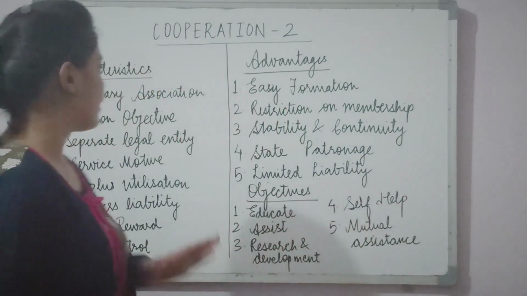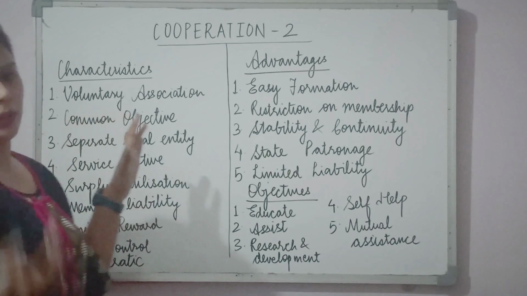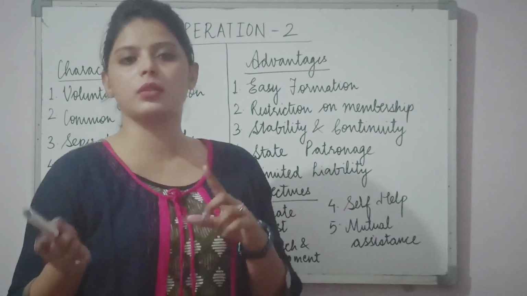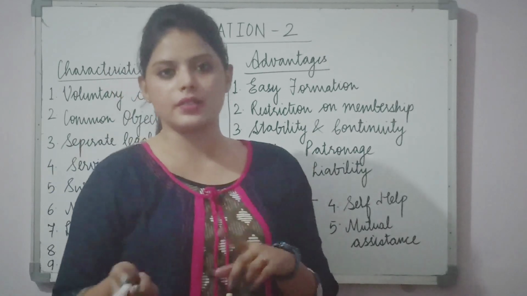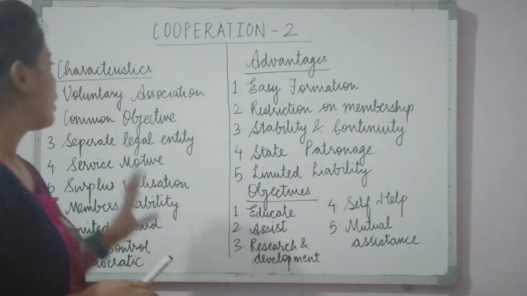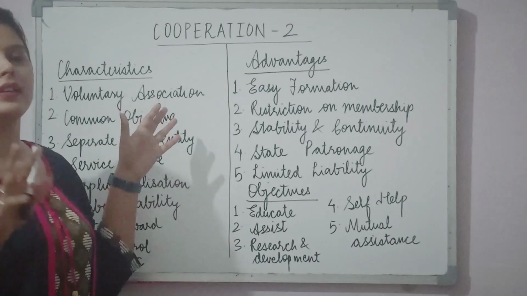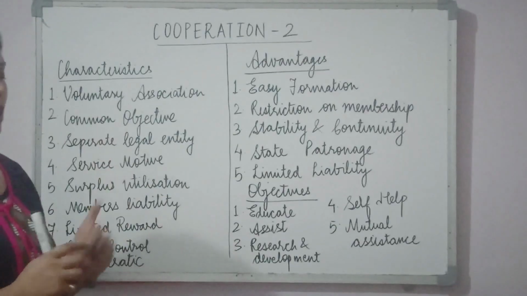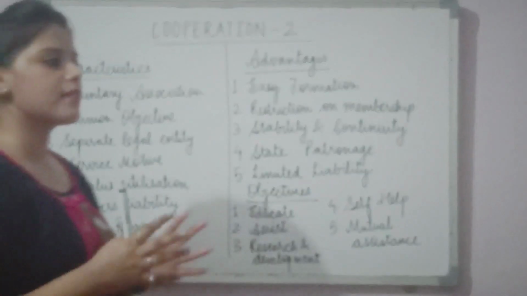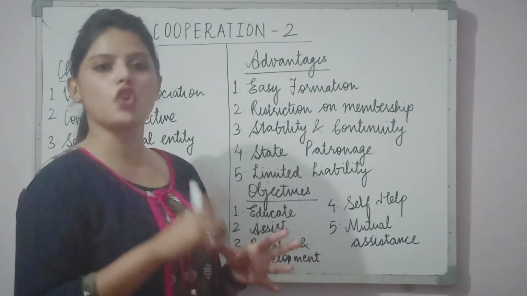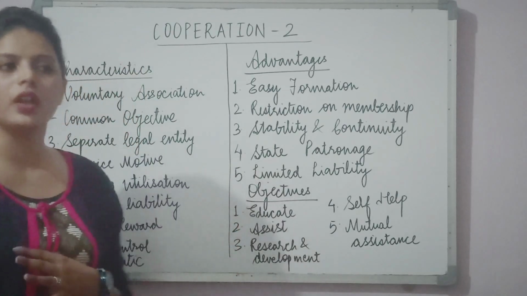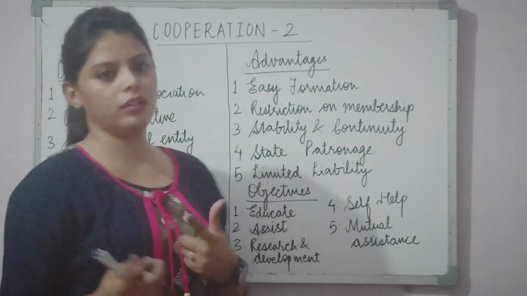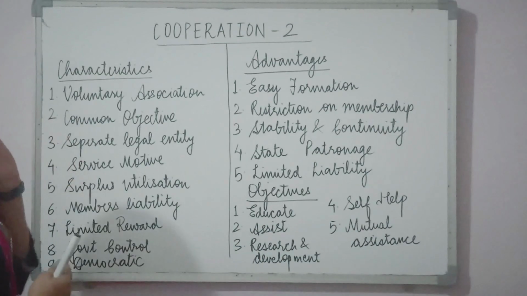The basic criteria is that you have to be a major, and there is no restriction on the basis of caste or creed or religion. Minimum criteria is 10 members. Minimum 10 members are required to form this association. So it is very clear that it is voluntary, means nobody can stop you from entering into a corporation, or nobody can force you to enter into this association.